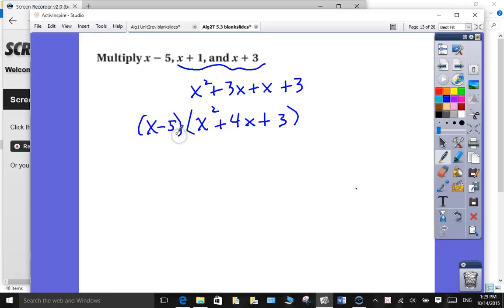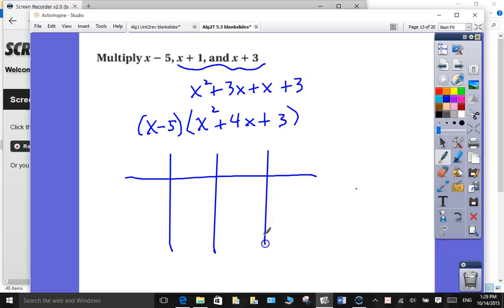So now it turns into the same kind of problem that we were just doing. You could pick any method you want. Again, I'm probably going to use the lattice method. x minus 5, x squared, 4x, and 3.